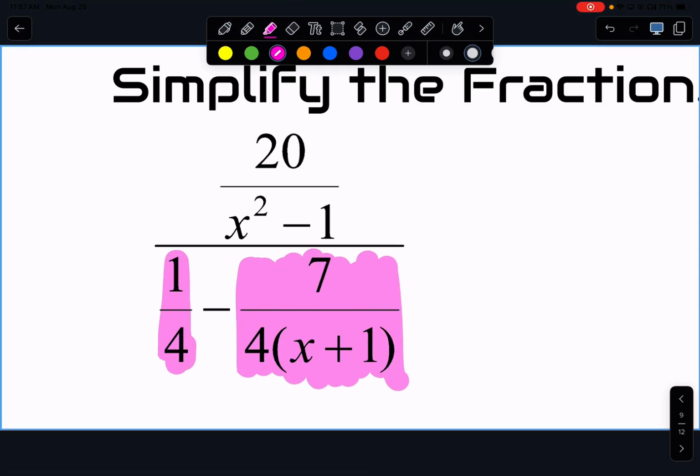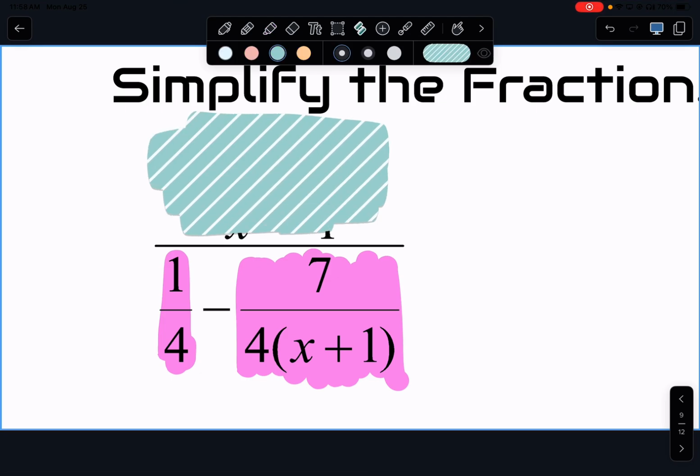So we're going to have to deal with that first. So on the bottom, we're going to subtract those first.